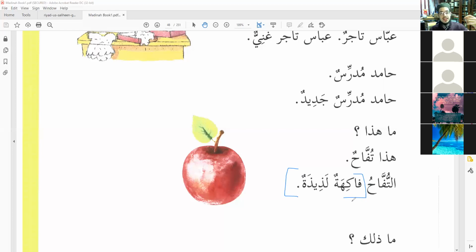Sister Semen, what is the grammatical case of the sifa and mawsuf in this example? مرفوع. Yes, exactly. Excellent. And I'll raise you a harder question. Why is it marfu'?